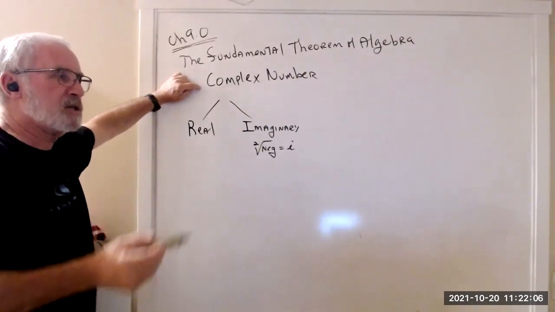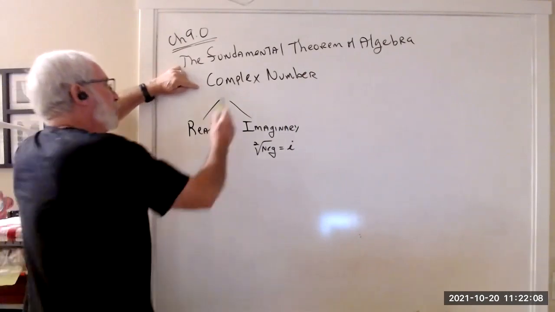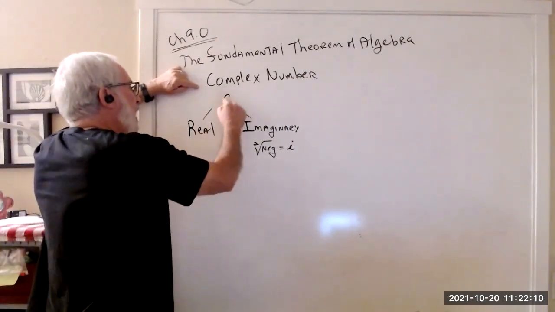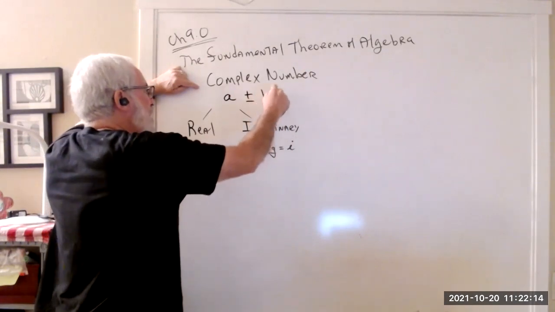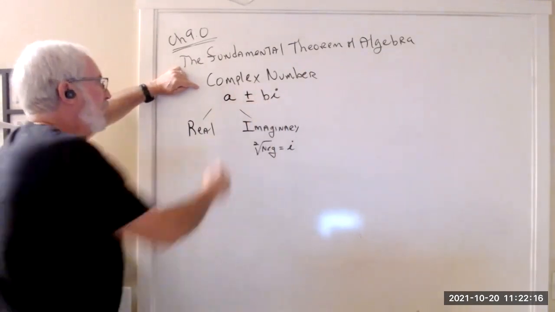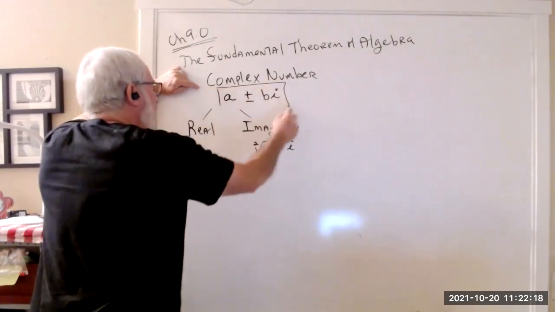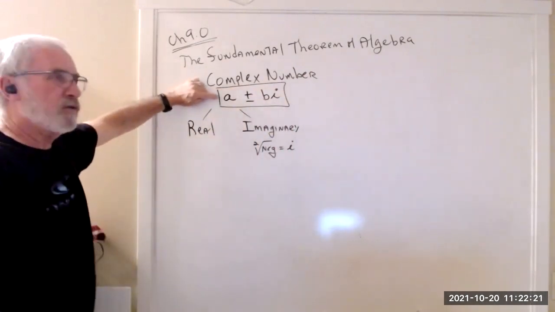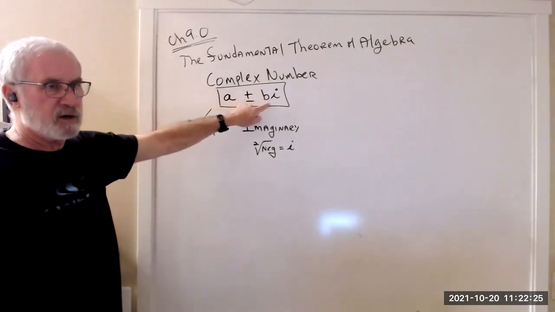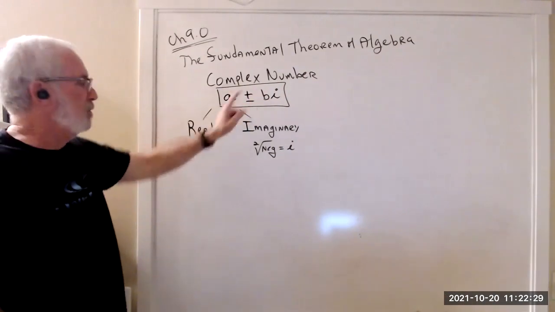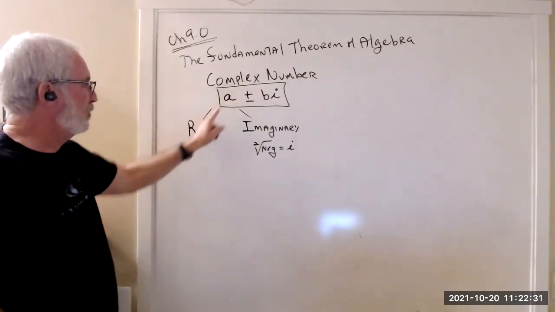A complex number is written as a plus or minus bi. A complex number is a combination of a real number plus or minus an imaginary number. The real number must always come first.